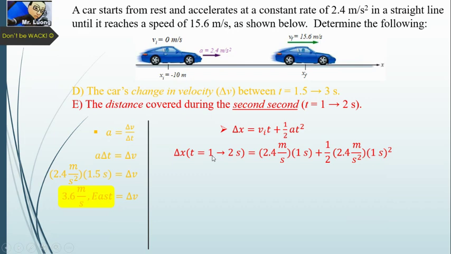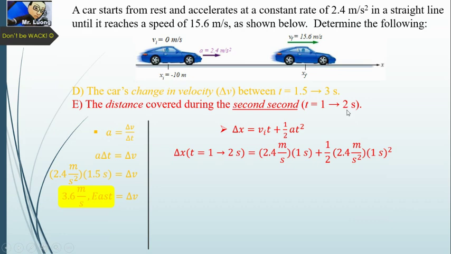And I start at 1 because that's what the question is asking for. And you notice here t is just 1 second, because delta t is simply 2 minus 1, which is 1 second. And then the next term is easy. The 1/2 is part of the function, the acceleration is given, and the interval, again, is just 1 second. Don't put in 2.